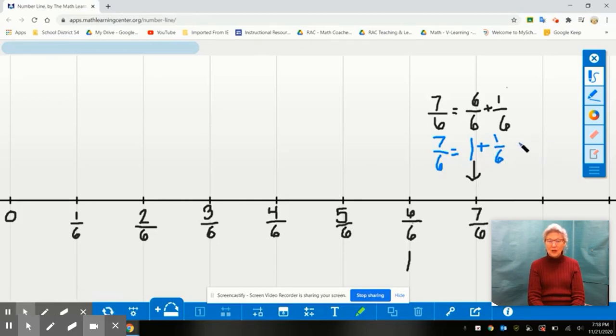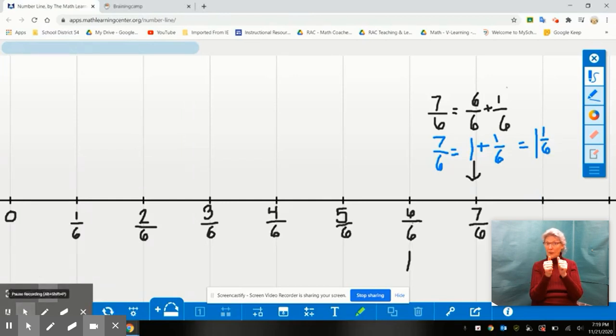Okay, so when I look at this, I have a whole, or 1, plus 1/6, and when I add them together, I get 1 and 1/6. So I can use a fraction greater than 1 and rename it to a mixed number. Let's take a look at what this could look like with a different model.